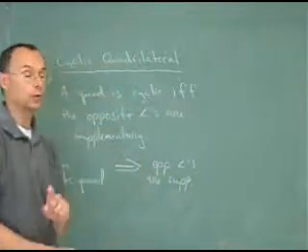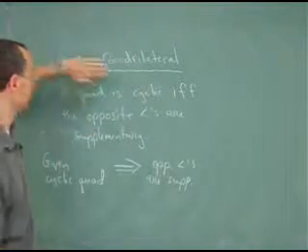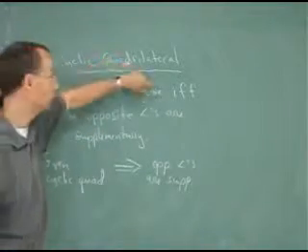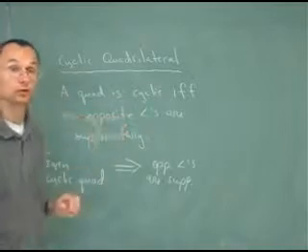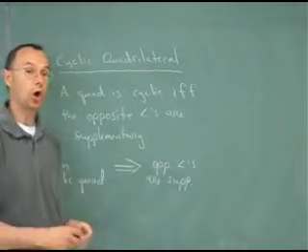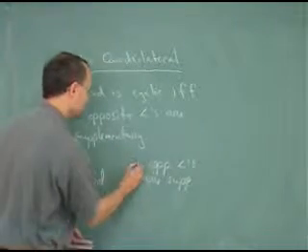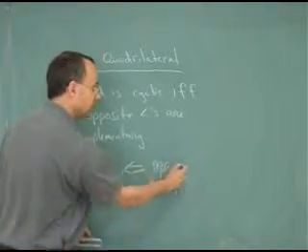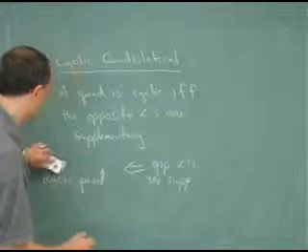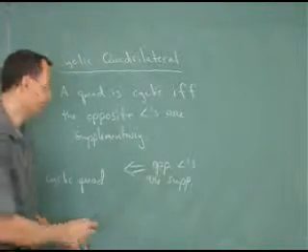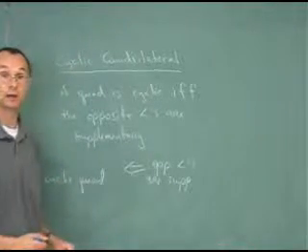So that's one direction that this theorem works. But it can also work in the other direction. If we're given that opposite angles are supplementary, we can conclude, therefore, this is a cyclic quadrilateral.